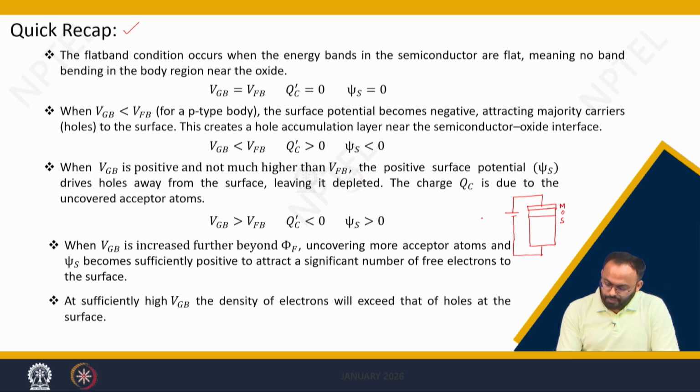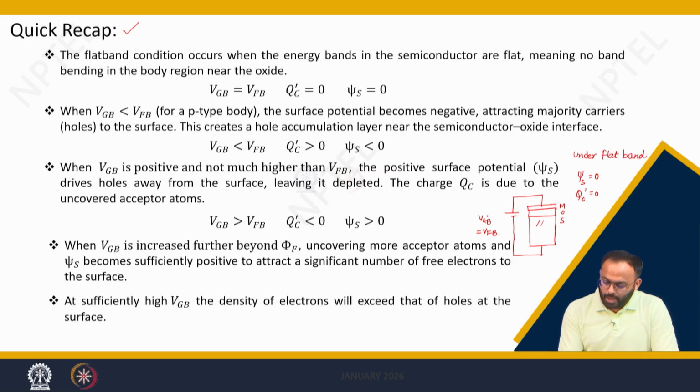We said that when VGB is exactly equal to the flat band voltage, there is no charge pile up in the semiconductor, and hence the surface potential as well as the channel charge is 0 under flat band condition.